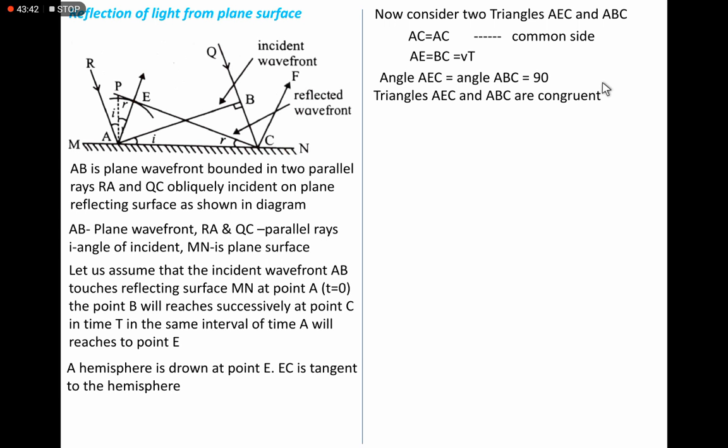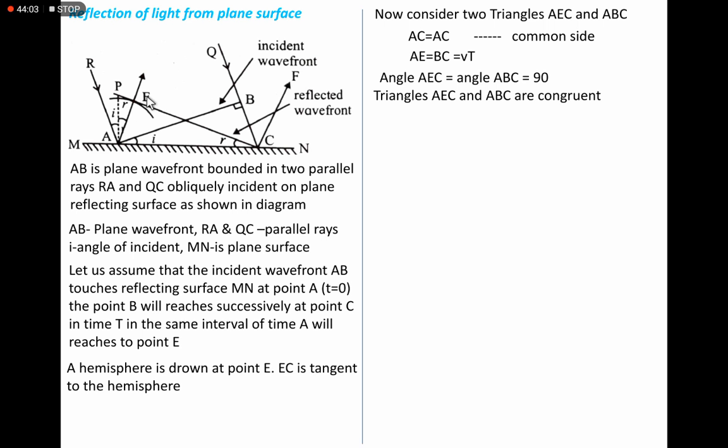Okay. Then we can write the angles of the triangle. Here you can elaborate this, or you can add one or two steps over here.